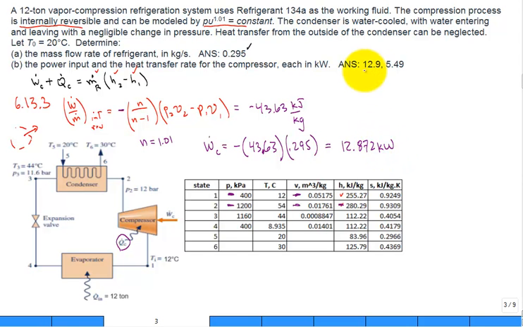Okay, you round off to 12.9 kilowatts. Then you can come up here and finish the problem to calculate the rate of heat transfer into the compressor, mass flow rate of the refrigerant, that's H2 minus H1 minus W dot C. So let's substitute our numbers.